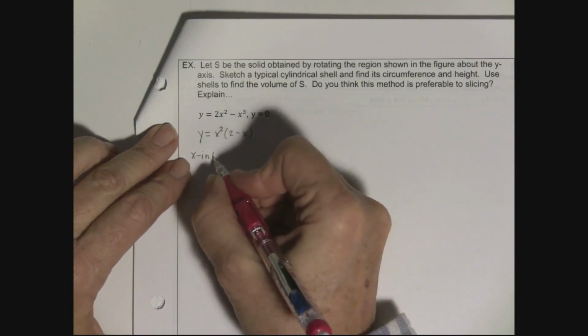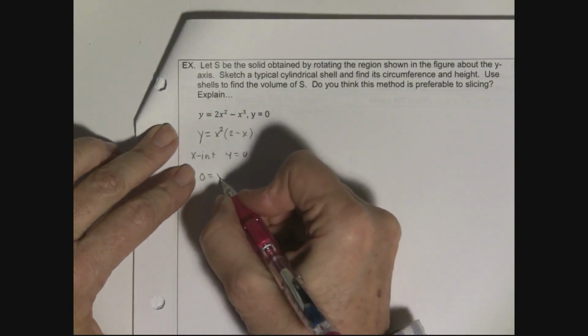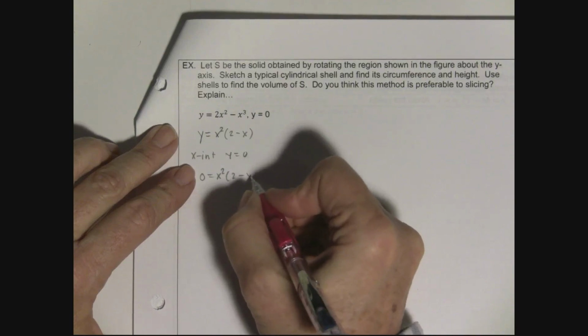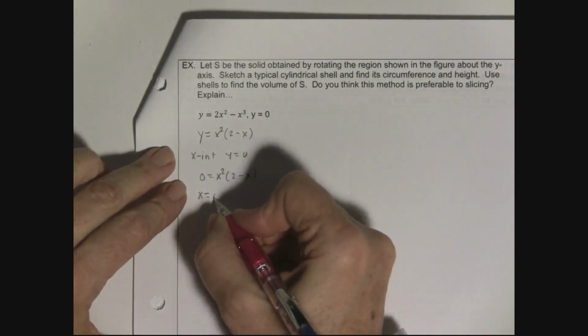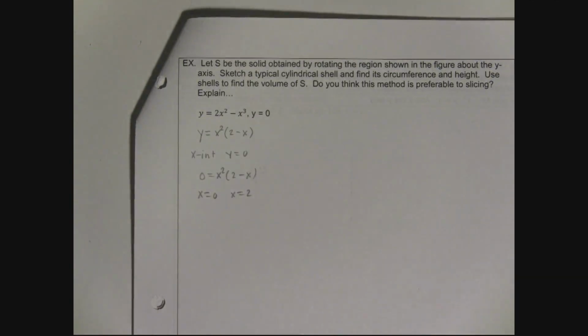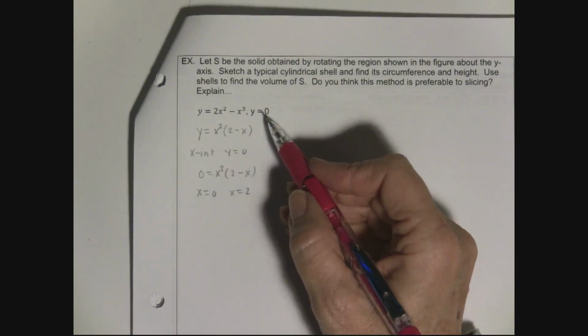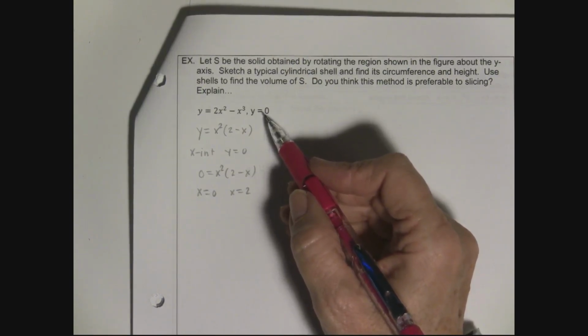When I'm trying to find the x-intercept, I let y equal 0. Then I would know that 0 equals x squared times 2 minus x, so that x is 0 and x is 2. And I don't need a great sketch of it because my other line is just the x-axis. I want to know where they connect with one another.